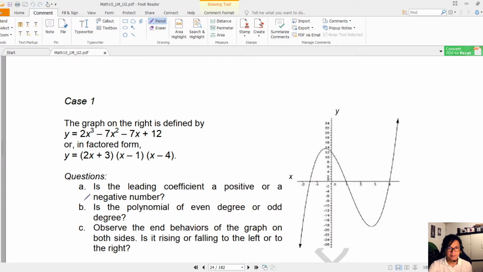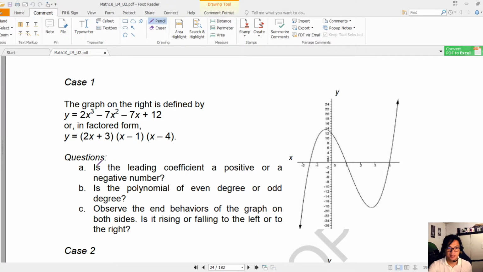For case 1, the graph on the right is defined by y is equal to 2x cubed minus 7x squared minus 7x plus 12, or in factored form, ito. Question: is the leading coefficient a positive or a negative number? As you can see, the leading coefficient here is positive.